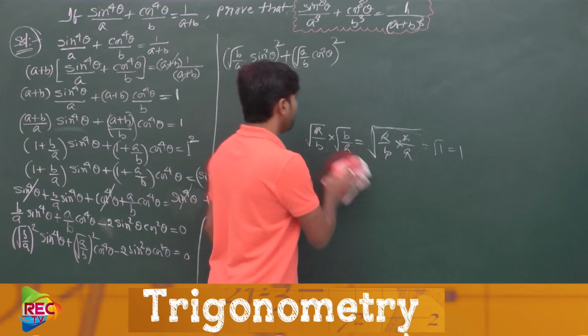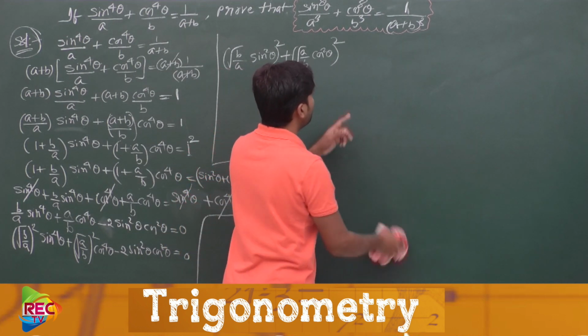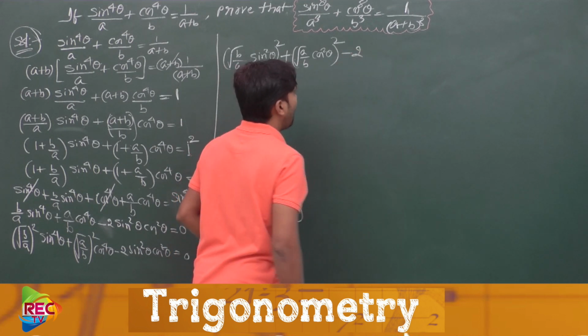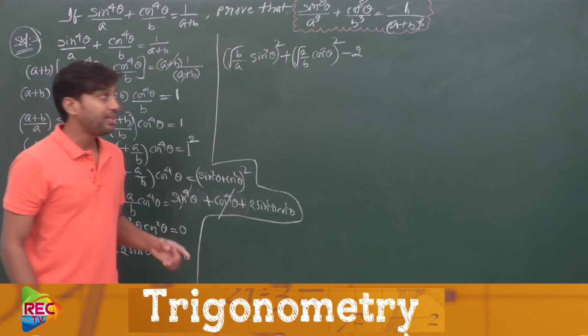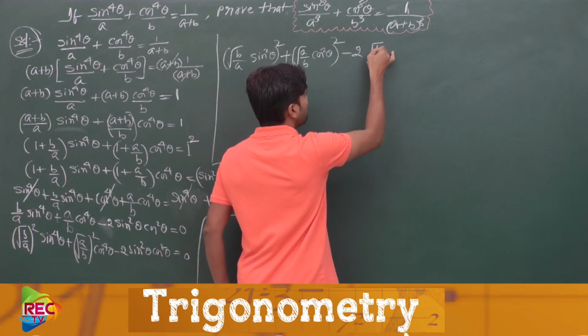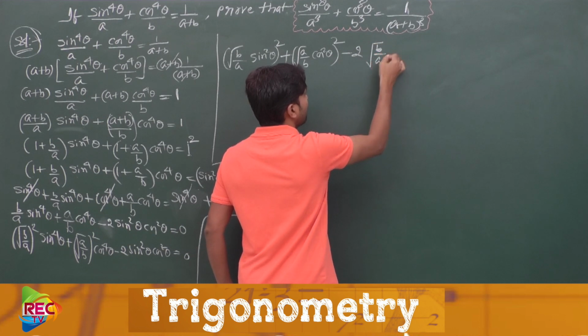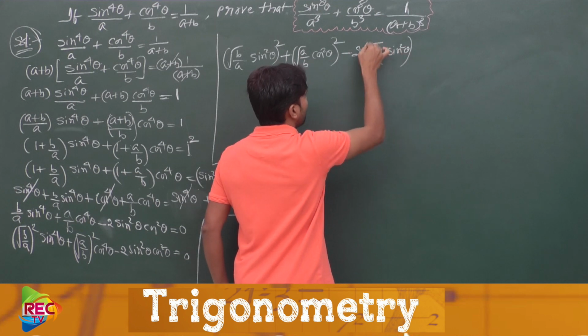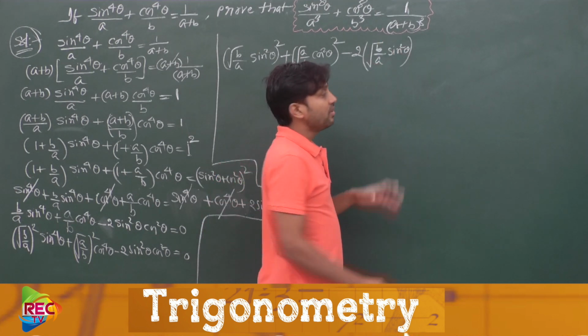Okay. So just see. Let us do that also in the 2 sine square theta cos square theta term. So here 2 into, I am having sine square theta. Let me write here root a by b. Sorry, root b by a sine square theta. Let me consider as this term.